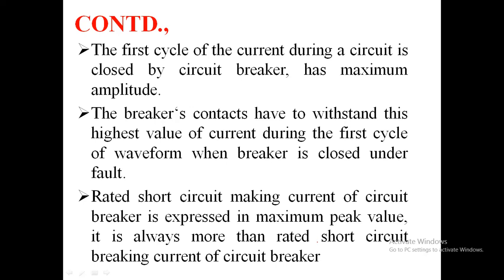We came across the rating of circuit breaker in the previous video lecture about the making and breaking of the current. In breaking current we use the concept of RMS value. In making of the current we express it in peak value, the maximum peak value, that is 1.8 into root 2 times the rated breaking current, which means 2.5.